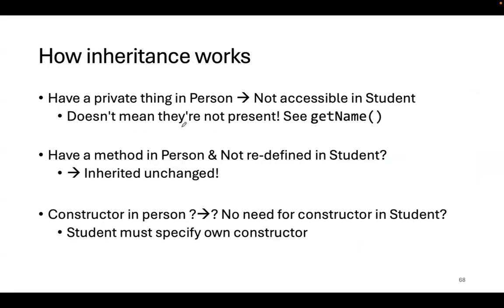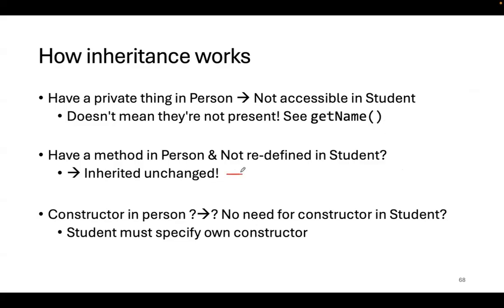If we have a private thing in person, like name, it's not directly accessible. We can't type this.name. But private doesn't mean it's not present, right? The person still has a name. We can still call the getName method. So it's still there. We just can't directly access it.